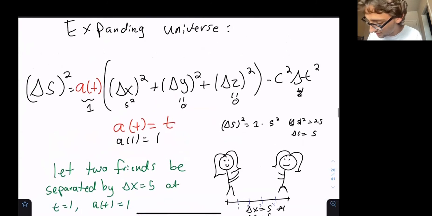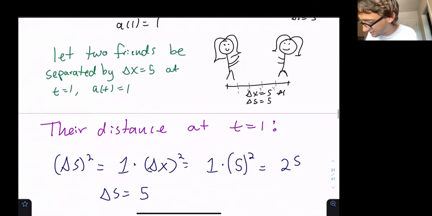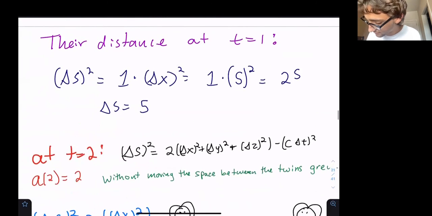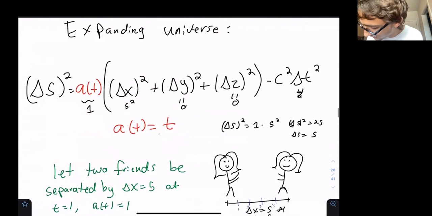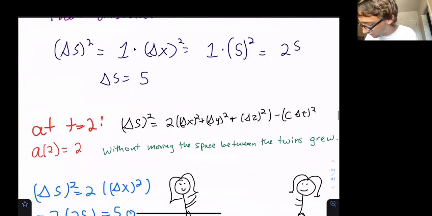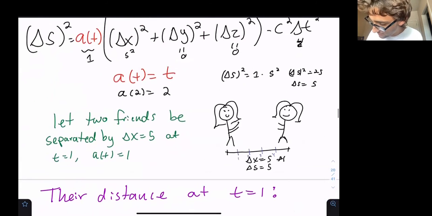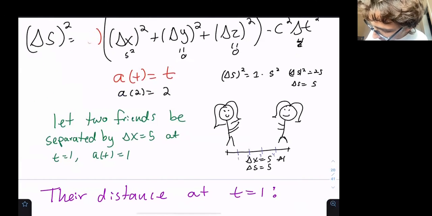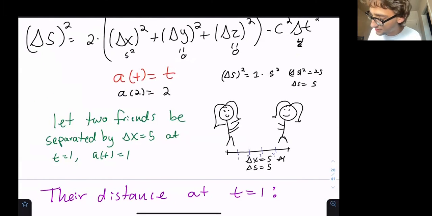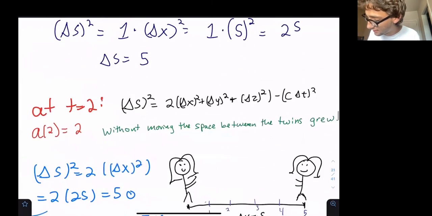Okay, let's see what their distance is at t equals 2. At t equals 2, we have a(2) equals 2. So now our line element would be 2 times all of this.